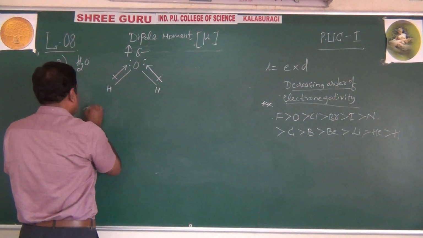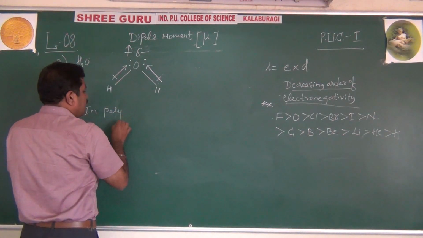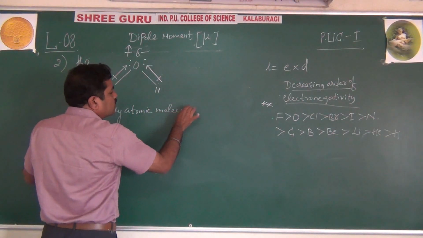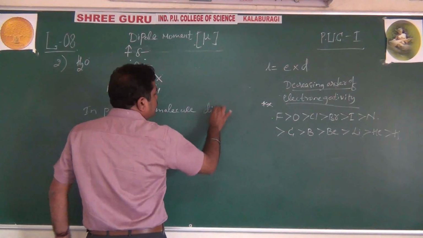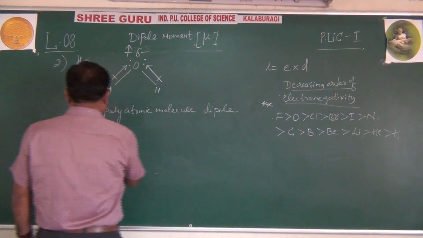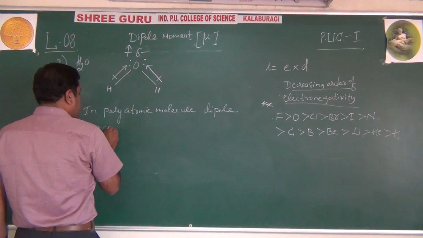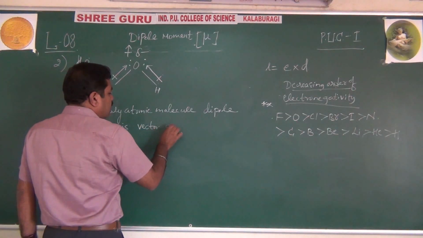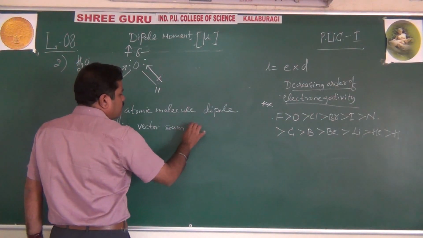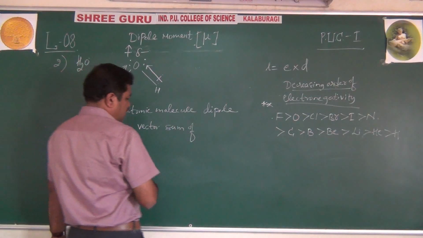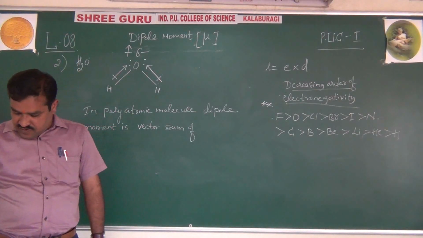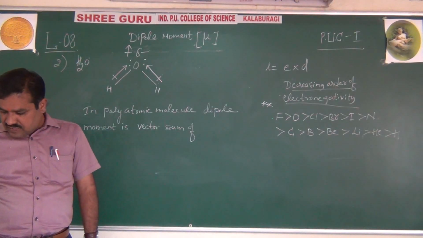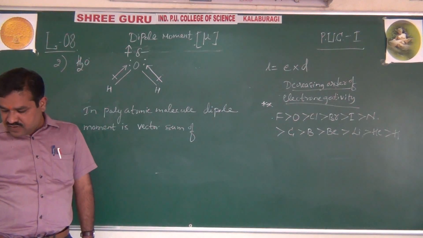So in polyatomic molecules, dipole moment is the vector sum of bond moments. We can also write it as a vector quantity.